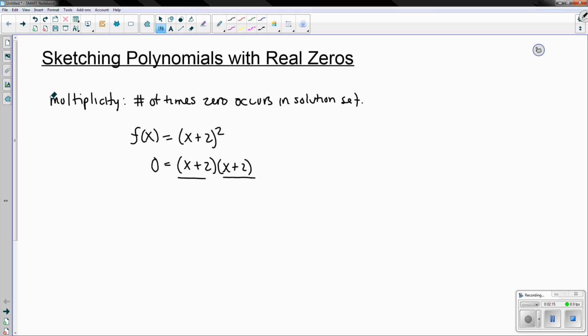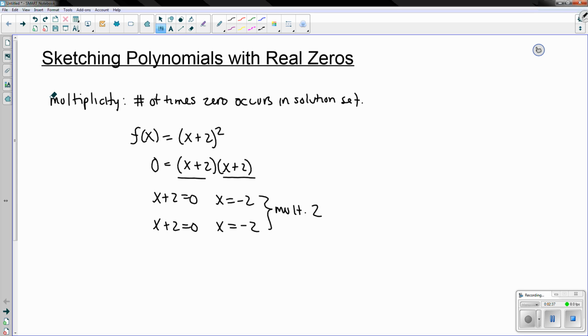If they were both not 0, then the product of those 2 terms would not equal 0. So we set each one equal to 0, and when we solve them, we get x equals -2 in both cases. So our solution set is -2, but it appears twice. Therefore, we would say this solution has multiplicity 2, because it occurs 2 times.